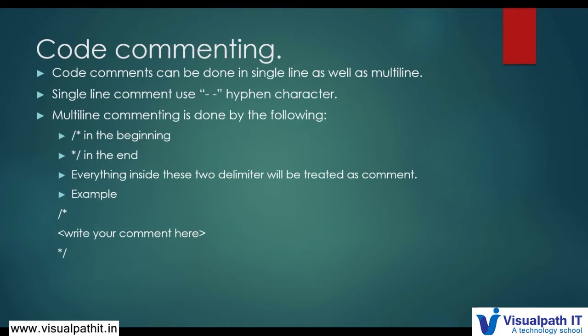You can write anything, and code commenting is very necessary when you are writing a very complex logic and you want to write some description about the logic, like what this logic is achieving from a business point of view.